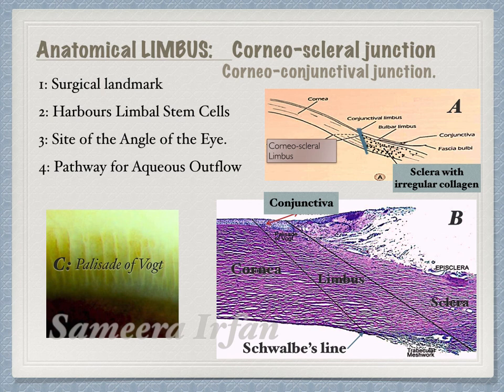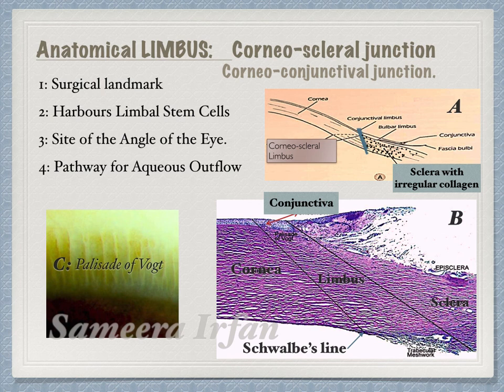It continues for exactly 1.2 millimeters in the superior part of the limbus, 0.8 millimeter inferiorly, and 0.4 millimeter nasally and temporally. Therefore, the conjunctivo-corneal junction lies 1.2 millimeters anterior to the corneoscleral junction in the upper part of the limbus.